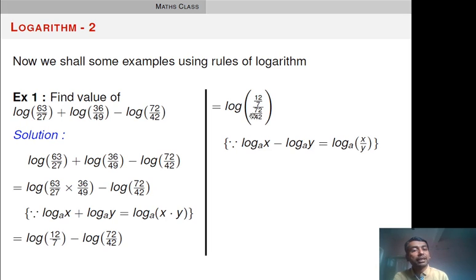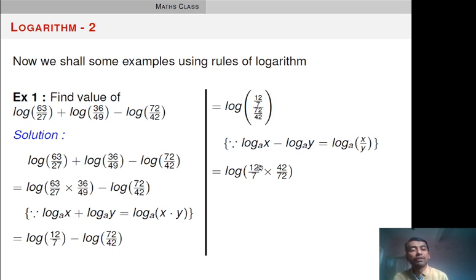Now we know that if 72 divided by 42, we take it into the numerator, it will be converted into multiplication with inverse of this term. It means we can write down 12 by 7 into 42 by 72. This term in denominator we are taking into numerator. Again, cancel out all the things which can be.